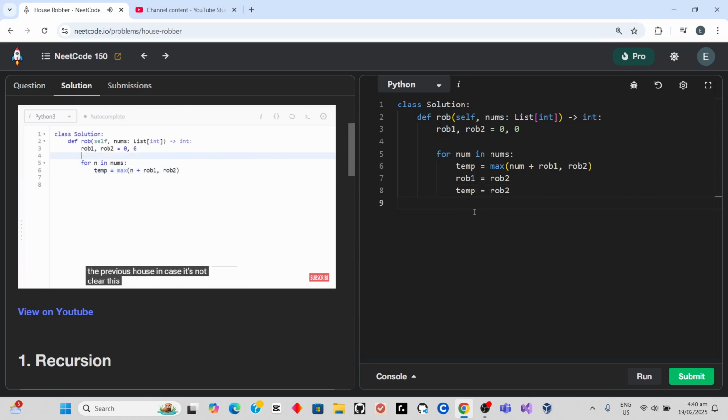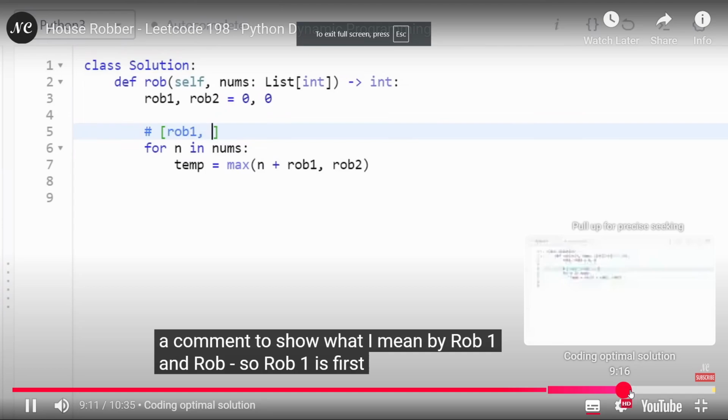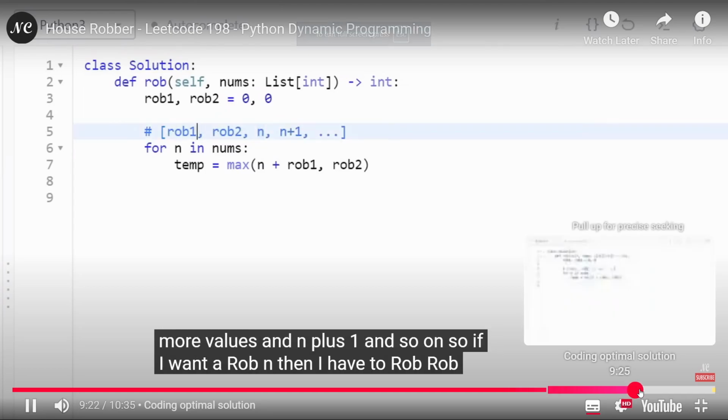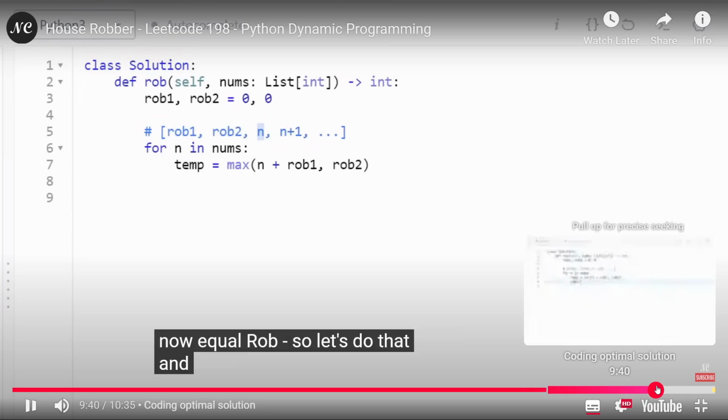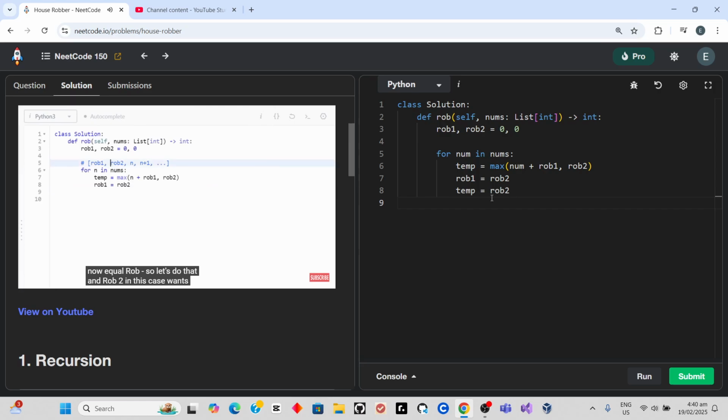In case it's not clear, let me make a comment to show what I mean by rob1 and rob2. So rob1 is first, rob2 comes second. And rob1 now gets updated to rob2, and rob2 in this case wants to be updated to n. So rob2 can now equal our temporary value that we just computed.